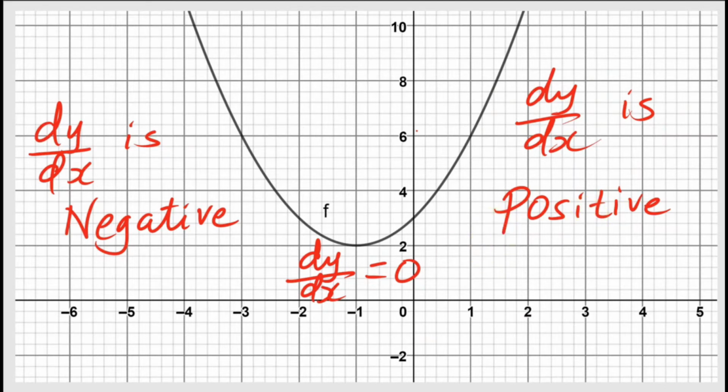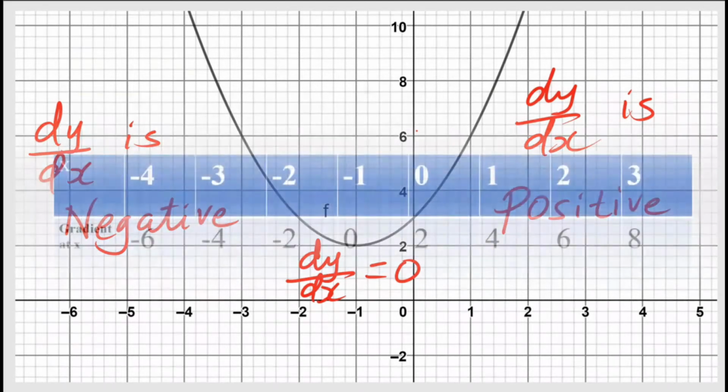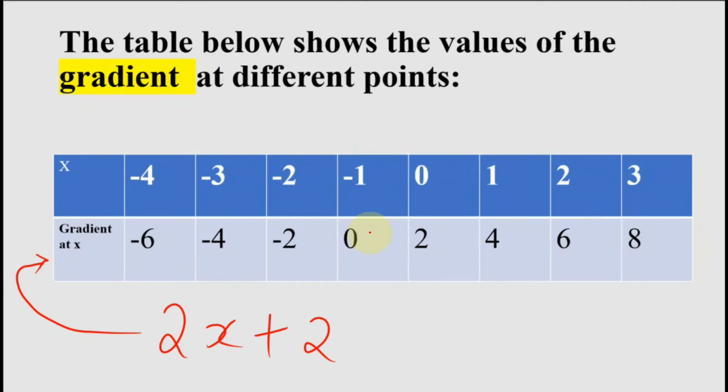Now, you go to the table of values that you've drawn, and you realize that at -1, the gradient is 0. To the left, the gradient is negative. Then to the right of that point, the gradient is positive.